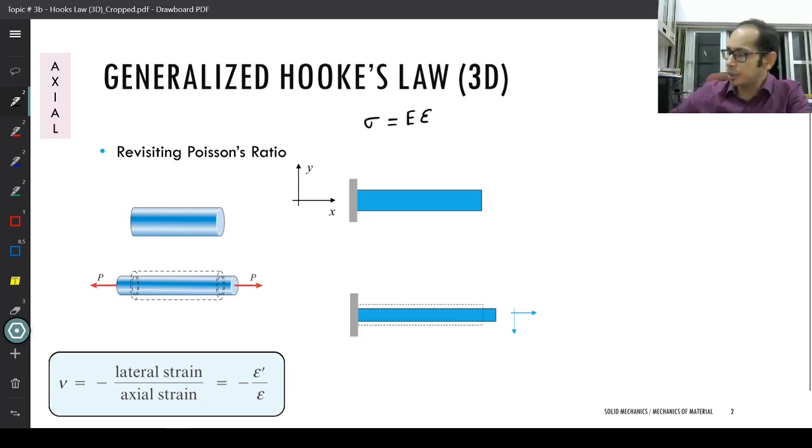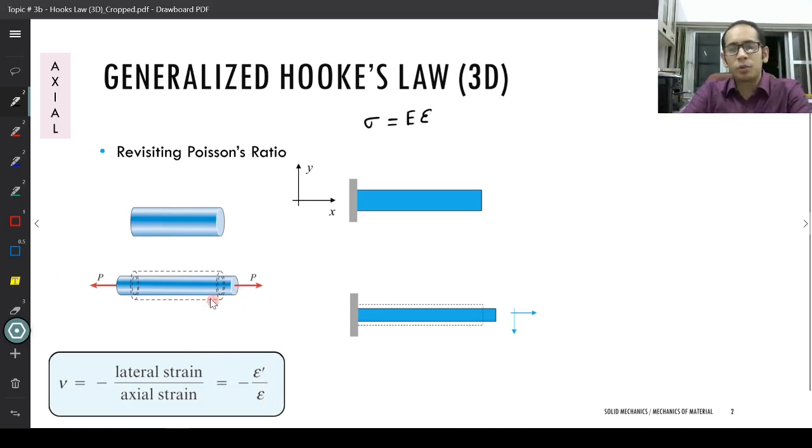Remember, the Poisson's ratio was the ratio between the lateral strain divided by the longitudinal or the axial strain. If you are pulling with a force P on either end, you have an expansion of the material along with the contraction in the lateral direction, and because they are of two opposite natures, you have the negative sign, so you had negative of epsilon prime by epsilon. Now this was a generic example.